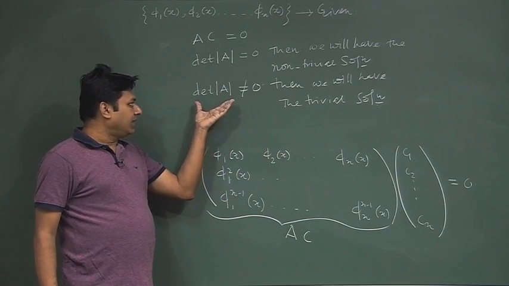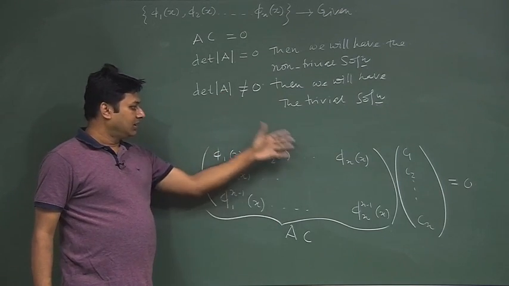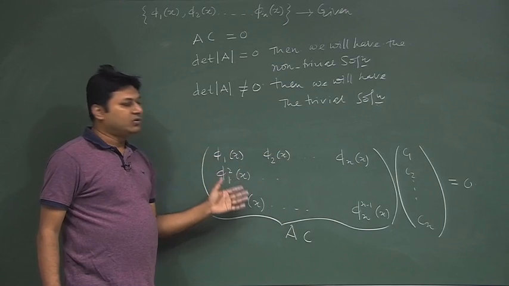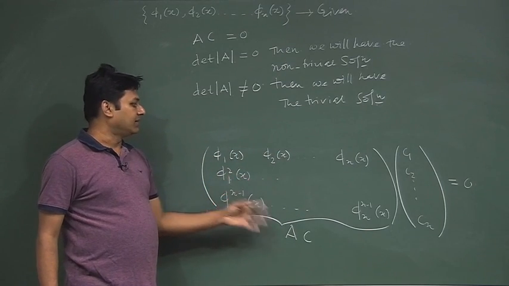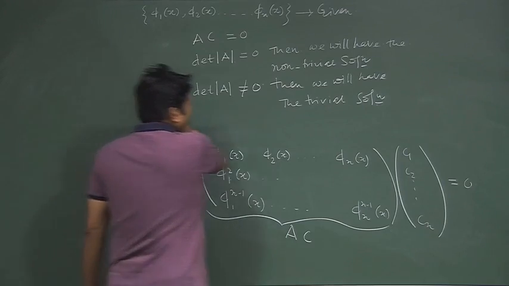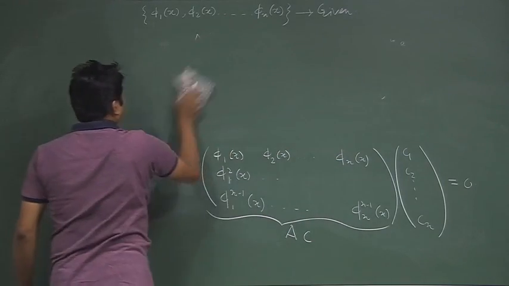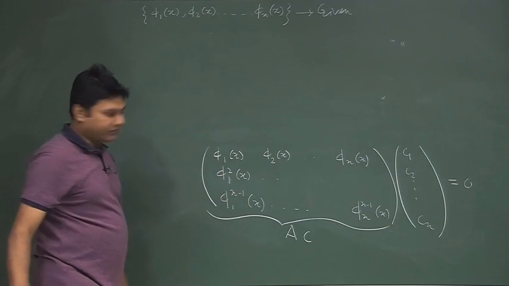So, what I need to find out is the determinant of this quantity. If the determinant of this quantity is not equal to 0, readily I can say that the functions are linearly independent. There is a special name for the determinant of this matrix, whatever matrix I form.